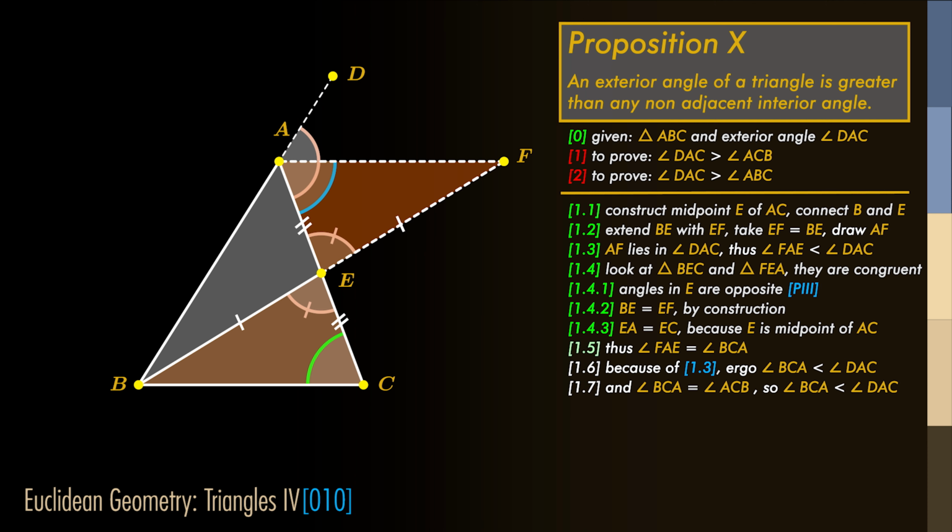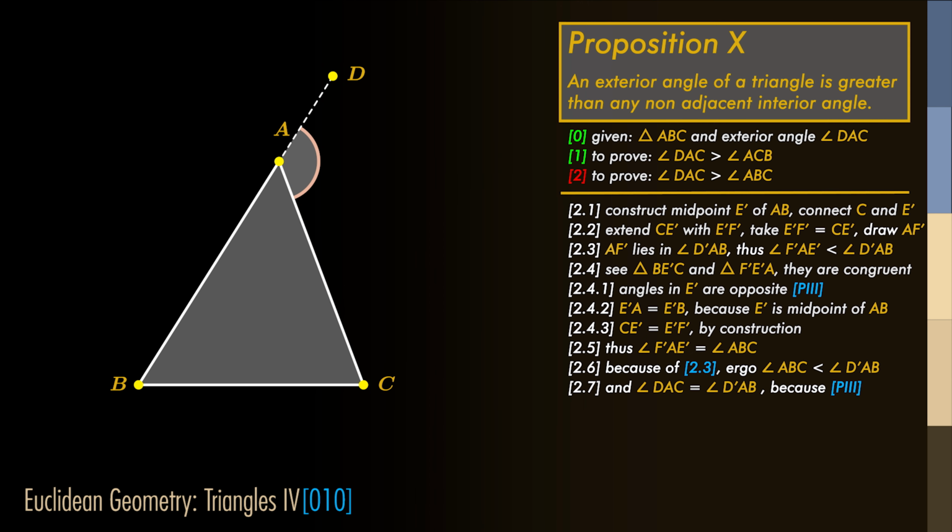So, angle BCA is equal to angle FAE, as another angle of these congruent triangles. But we already knew that angle FAE was smaller than DAC, so angle BCA is smaller than DAC, and therefore ACB, which is the same angle, is also smaller than DAC.